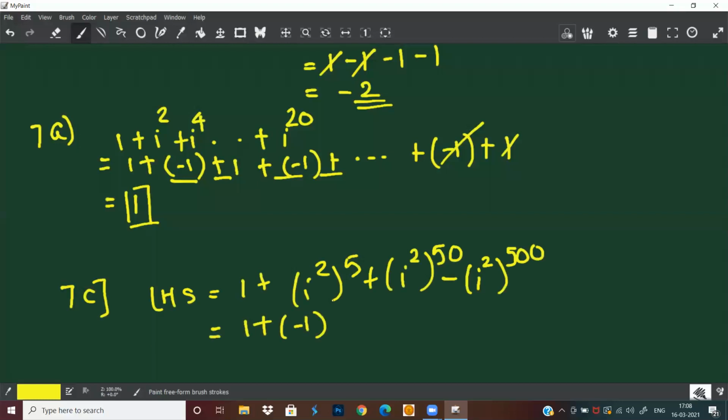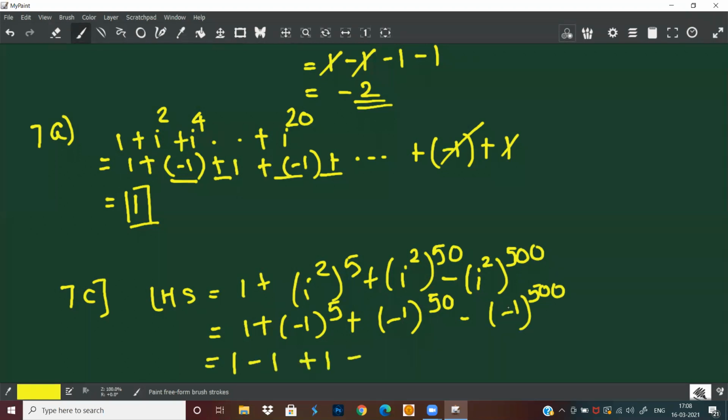So -1 raised to odd, -1 raised to even है, -1 raised to even है. ये 1, ये -1 होगा, ये तो +1 होगा, -1 raised to even. ये भी +1 है, but ये with minus sign है, तो ये कैंसिल. Your RHS hence proof. Correct?